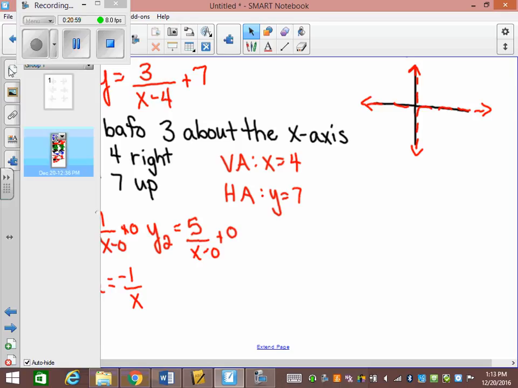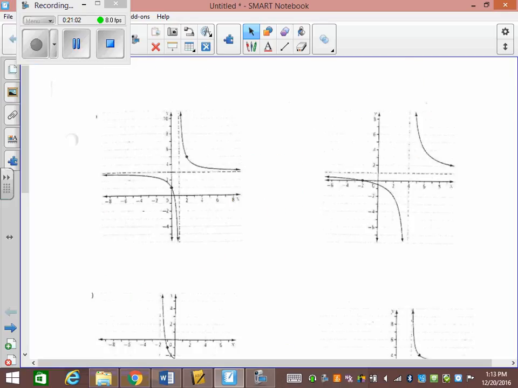Okay. The last thing is the one thing that people find the hardest, coming up with the equation. So I have these printed off for you.